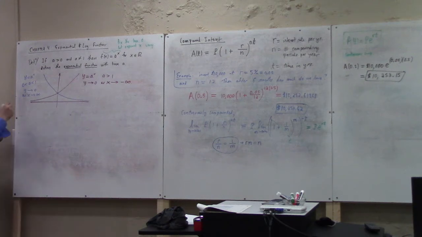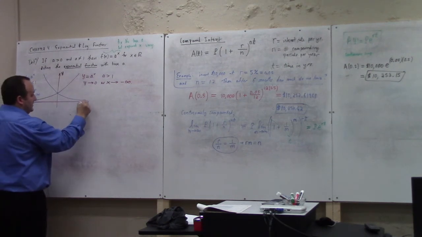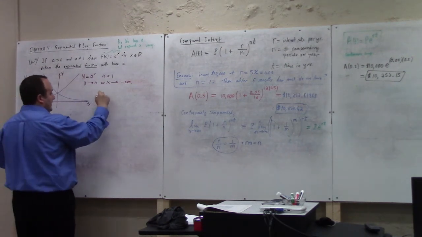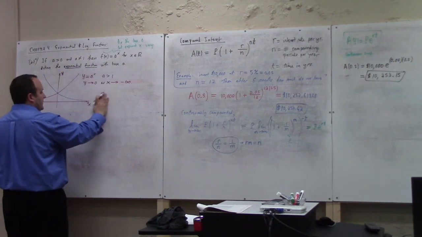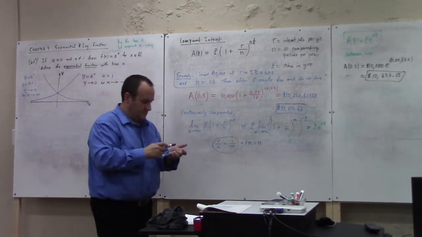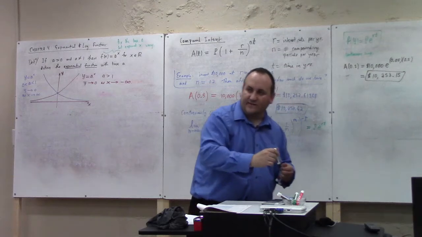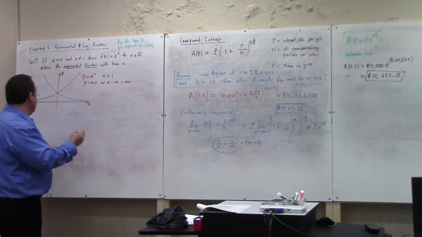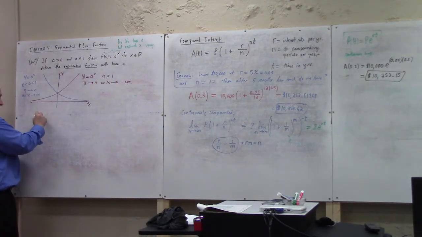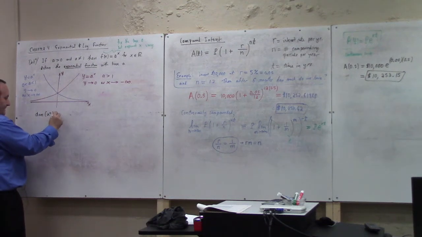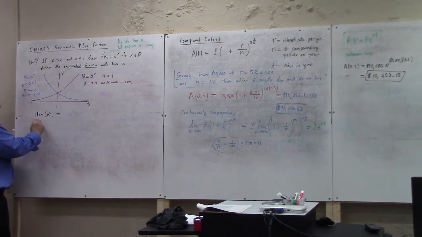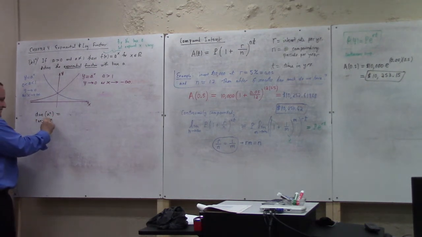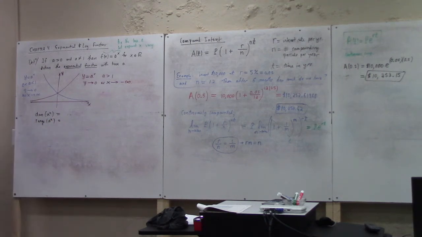And can you tell me more? Like, what's the domain and what's the range? This is true for either case: the domain and the range are the same. What's the domain of a to the x? What's the range of a to the x? What are the allowed inputs?